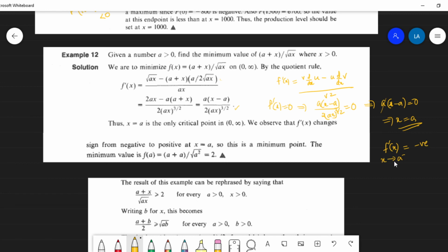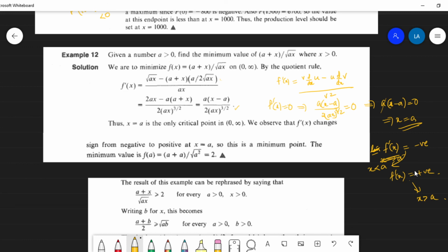So I can call it x tends to a minus, or you find some value which is less than a, and similarly f dash of x will be showing a positive value for x strictly greater than a. So these are two cases. So there is a swapping from negative to positive.